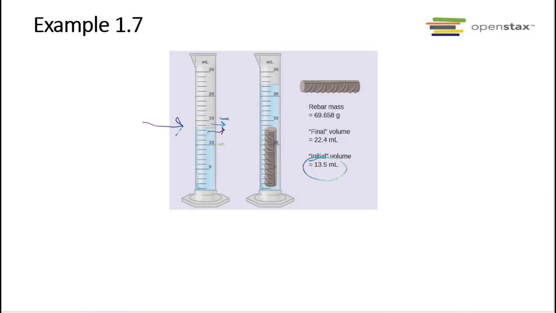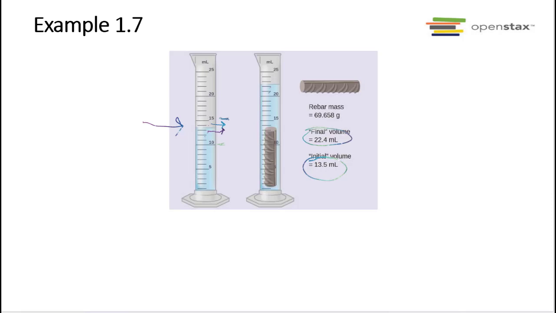Then we put in this rebar, and we can see that it went from that all the way up to, this is 20, 21, 22, somewhere between 22 and 23. So we have to estimate to that tenths. They estimated it was 22.4. You might have said 22.3 or 22.5. We know that that tenths digit is going to be an estimated digit.